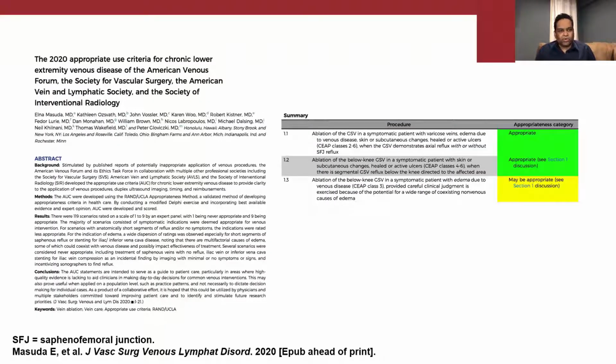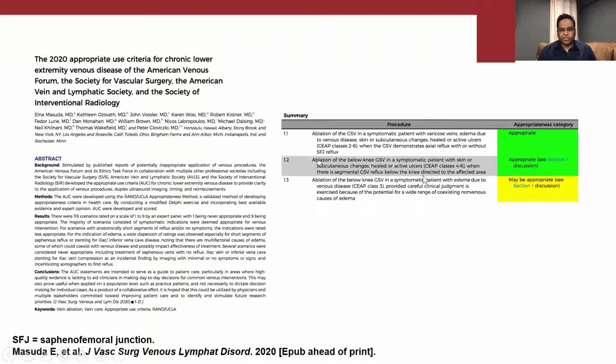The new appropriateness guidelines criteria coming from American Venous Forum also was published within the last few weeks. And if you look at the summary, the ablation of great saphenous vein in symptomatic patients, both with axial reflux and without saphenofemoral, with or without saphenofemoral junction, is deemed appropriate.